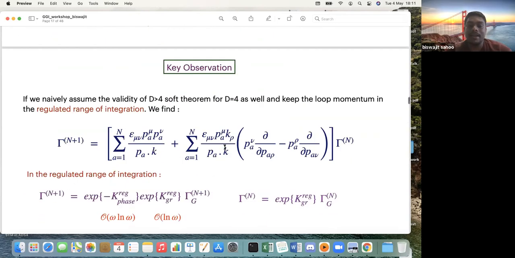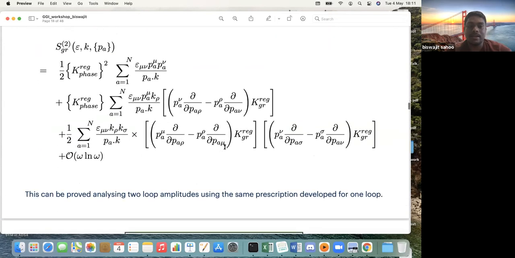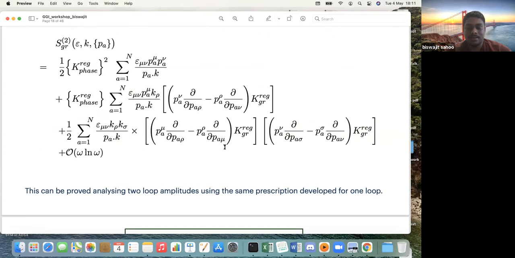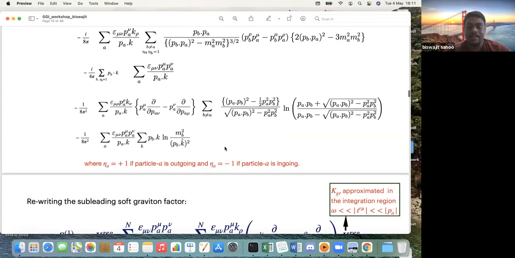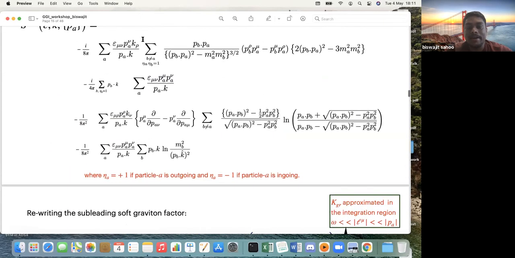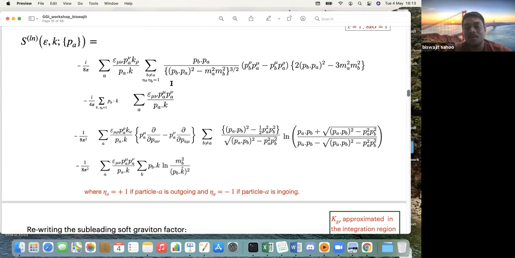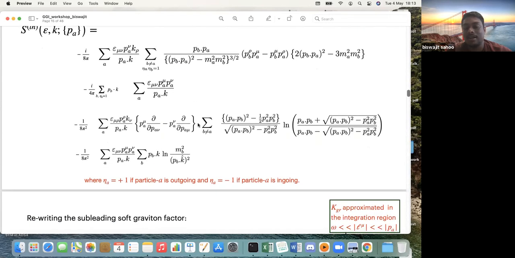So in this slide, if we write down the full soft factor, the first two lines appear in the classical waveform, but not the last two lines. But in the S matrix computation, in the soft computation, all the terms are there.